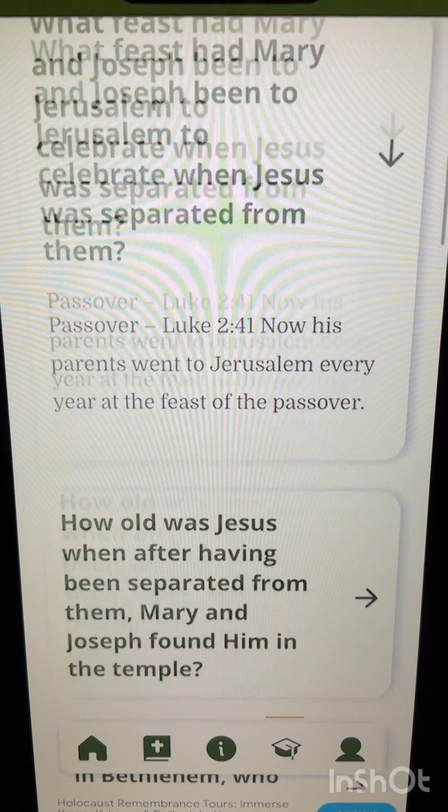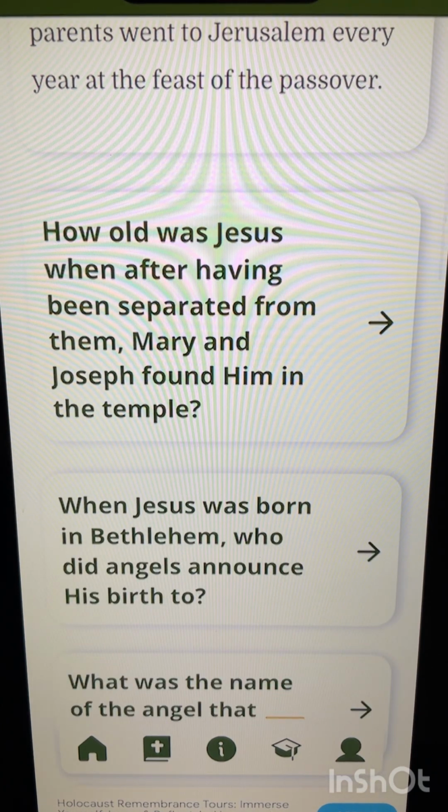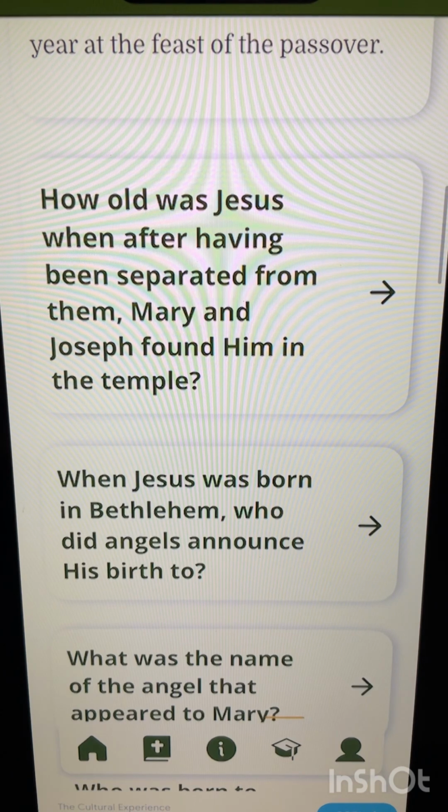So we're going to the next question, which says, how old was Jesus when, having been separated from them, Mary and Joseph found him in the temple?